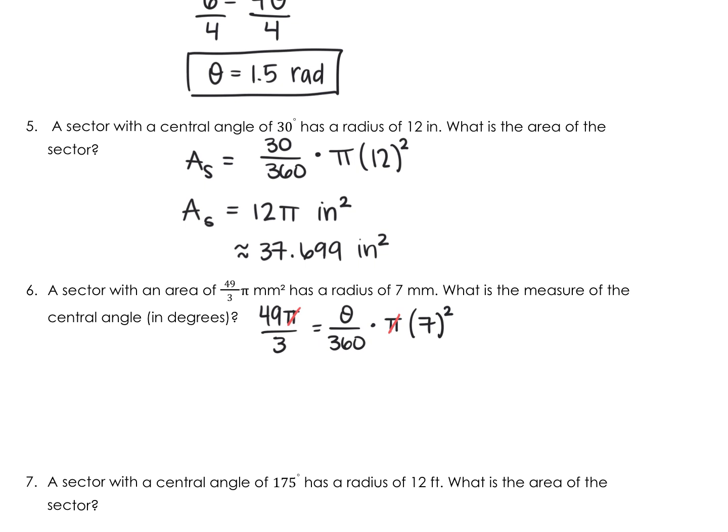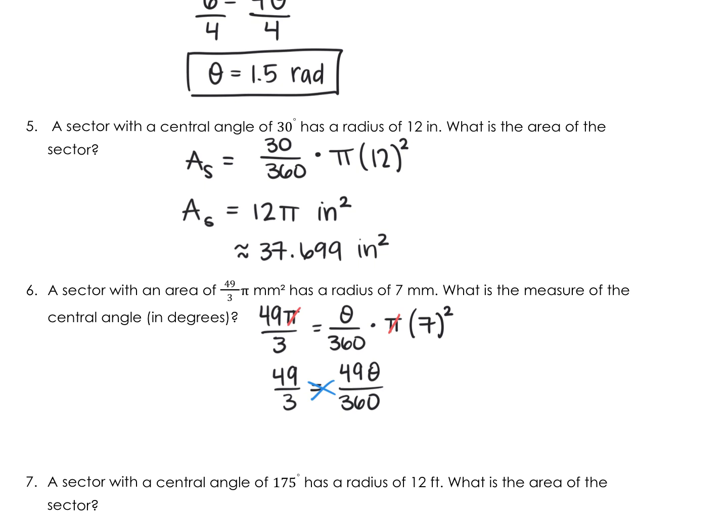Now I'm going to go ahead and square the 7. So we are left with 49 over 3 equals, and then 7 squared is 49, so you end up with 49 theta over 360. Now to solve for theta, we're going to cross multiply.